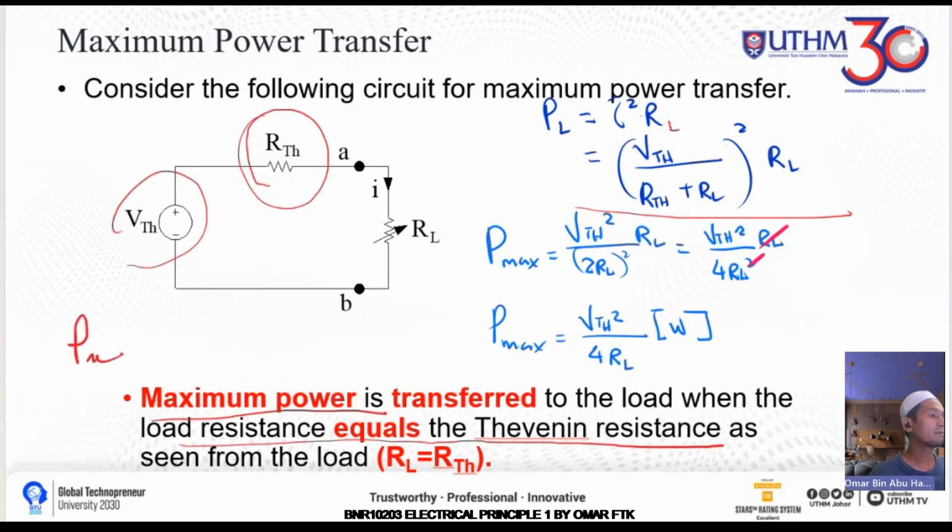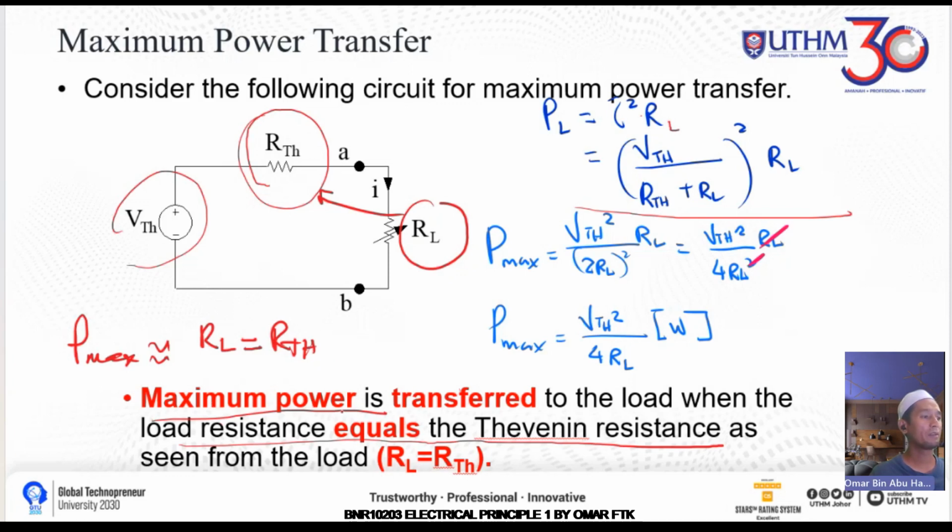That means if the load resistor value is the same as the Thevenin resistor value, then we can achieve the maximum power in the circuit.